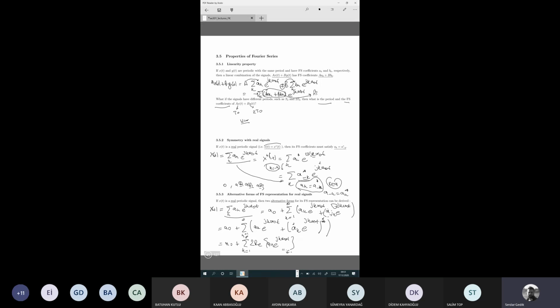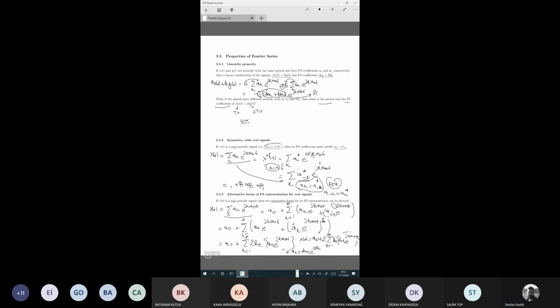If my ak has the form Ak times e to the power j phi k, I can write it in polar form. Ak is the magnitude, phi k is the phase. Then in this case, x of t is simply a0 plus 2 times summation k from 1 to infinity of real of Ak e to the power j times k omega 0 t plus phi k.